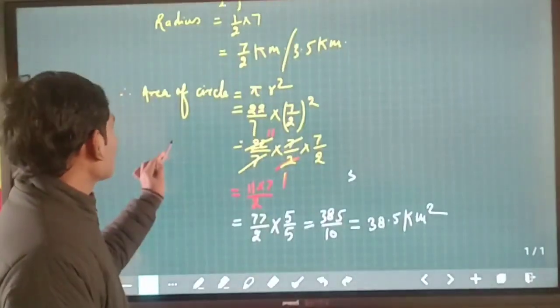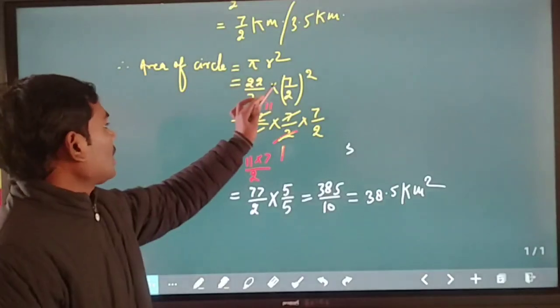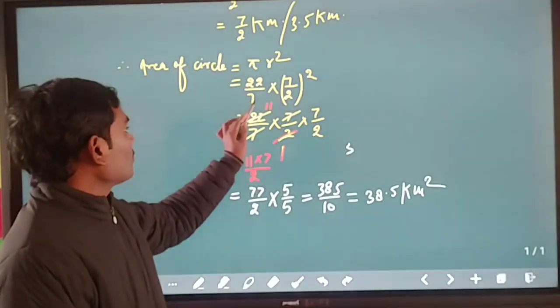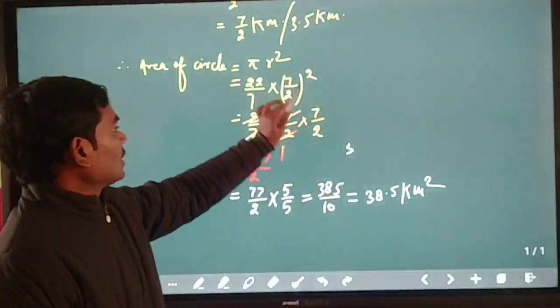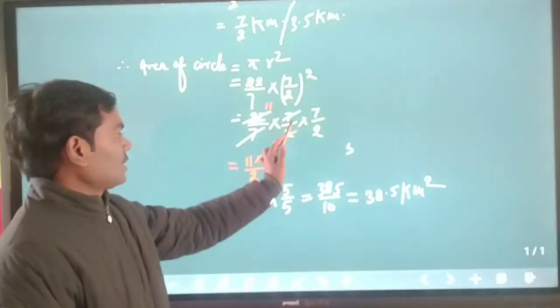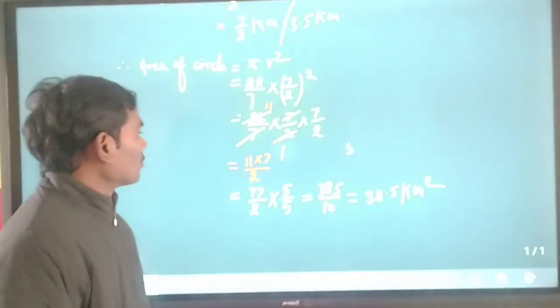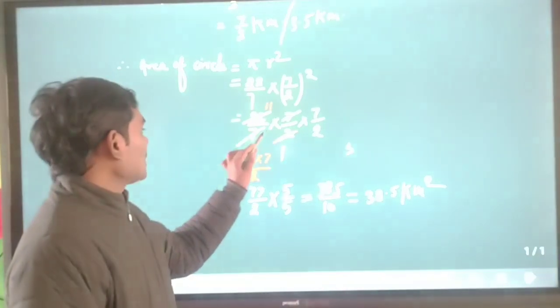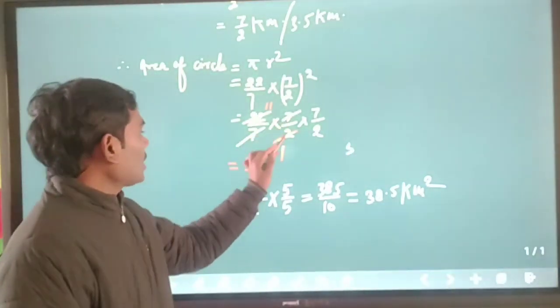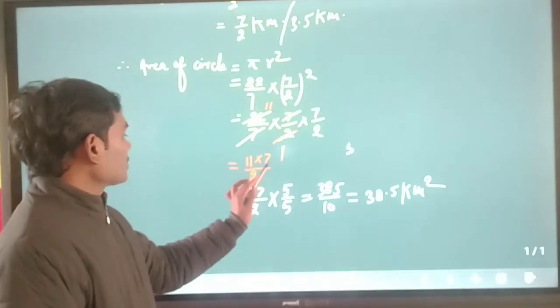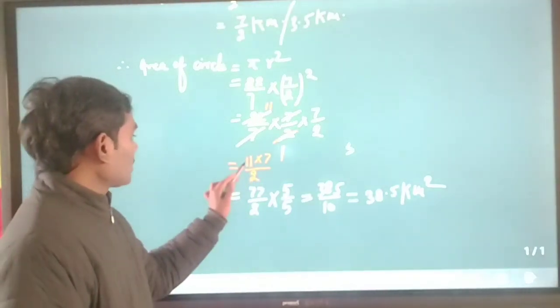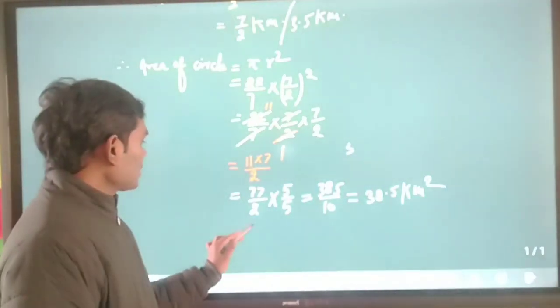Now the area of circle is pi r square, where the value of pi is 22 by 7, and r can be written as 7 by 2 square. Now opening 7 by 2 square, we write 7 by 2 into 7 by 2. Now simplify. 7 and 7 cancel out, and 2 1s are 2 and 11 2s are 22. We get 11 into 7 upon 2. When we multiply 11 7s are 77 by 2.